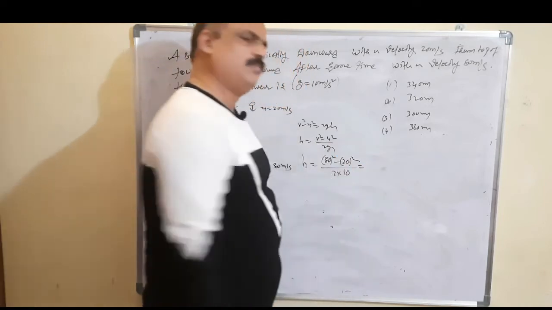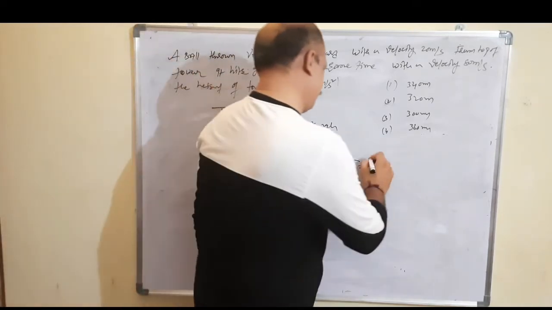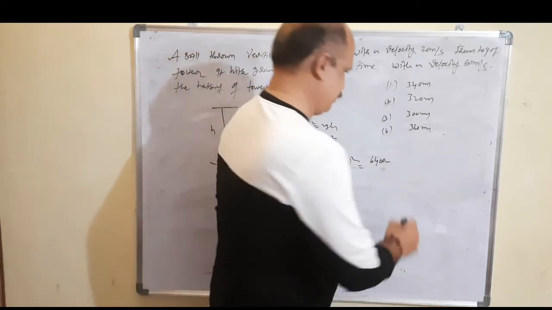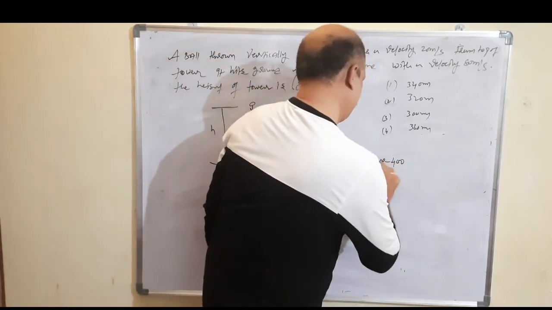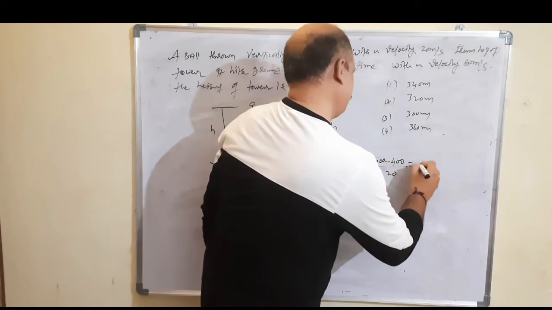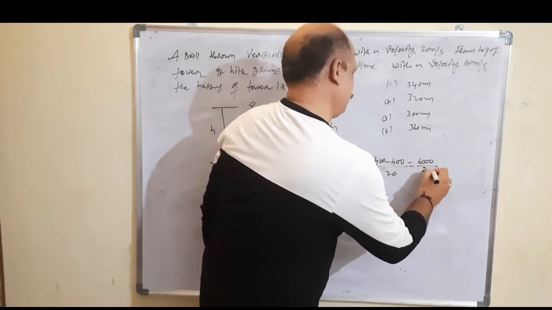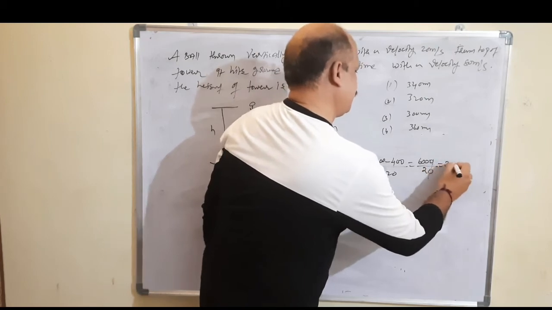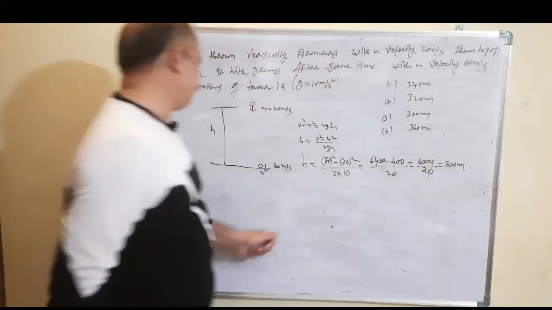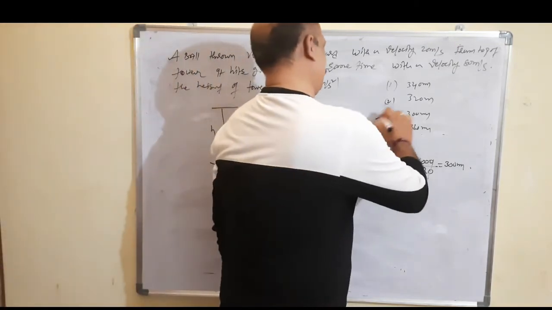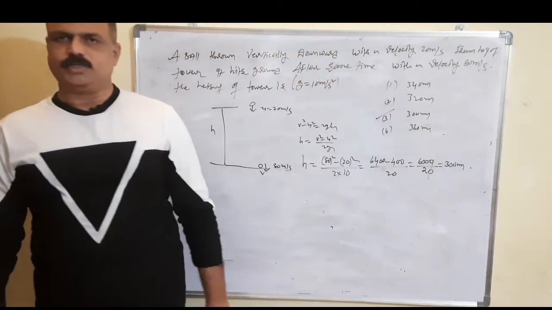That is equal to 6400 minus 400 divided by 20, 6000 divided by 20. So our answer is 300 meters. Height of the tower is 300 meters. So here the third option is the correct option, 300 meters.